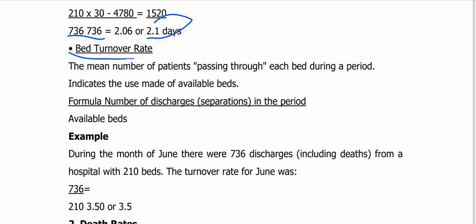And then we get the bed turnover rate. The mean number of patients passing through each bed during a period indicates the use made of available beds. The formula is the number of discharges or separations in a period divided by available beds.